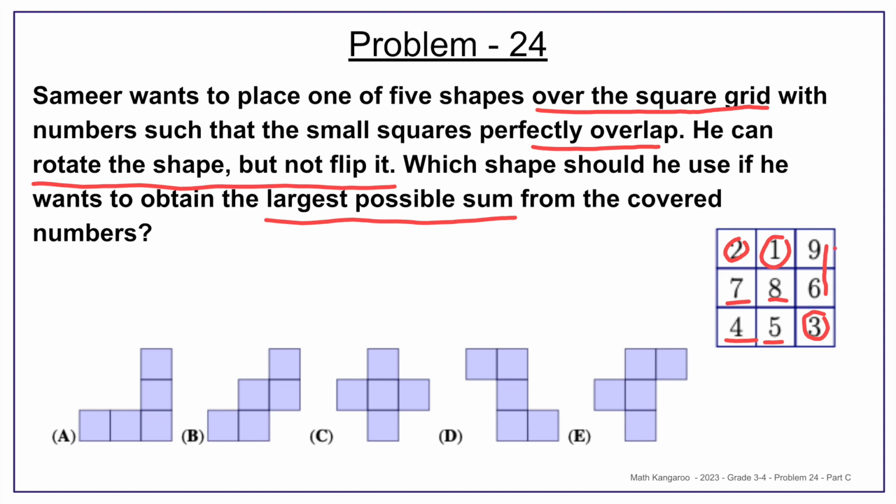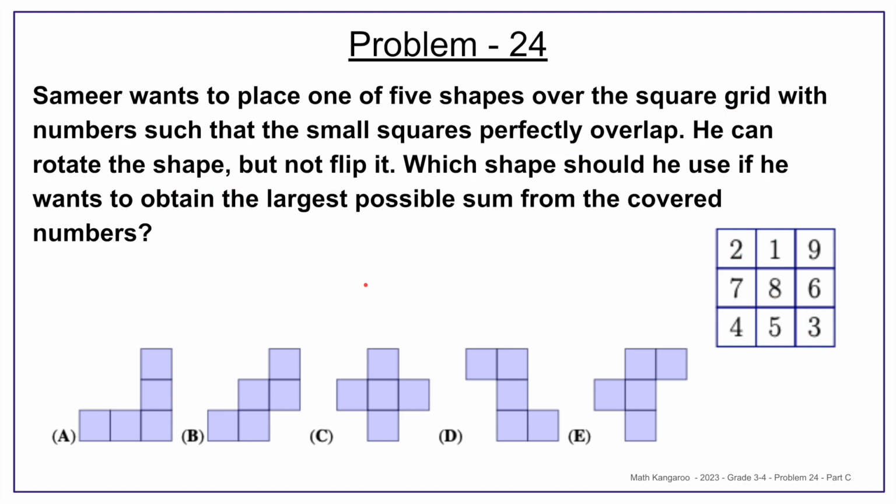Either you can use these shapes on this, rotate it, sum it, rotate it, and this is going to be very lengthy. It's not going to be efficient when you are in an exam. So what you can do is use this method. Now let us pick option A.